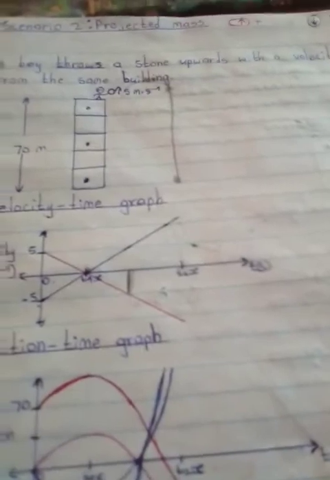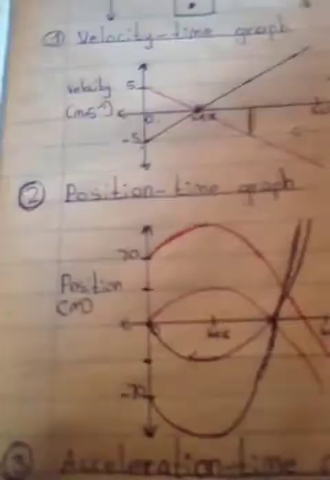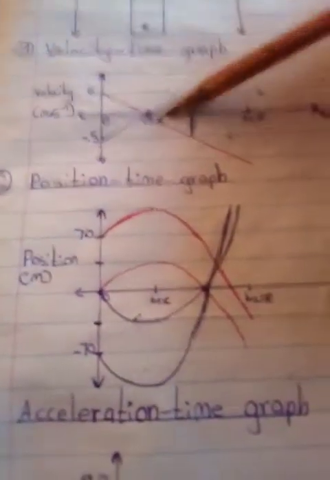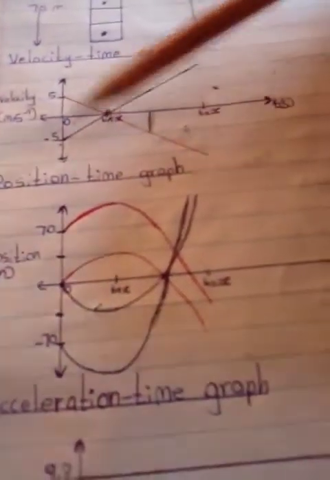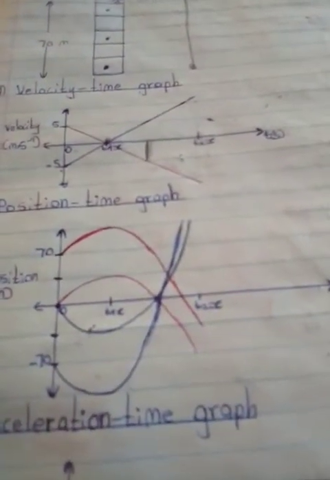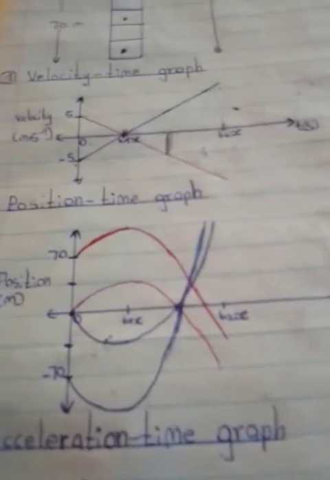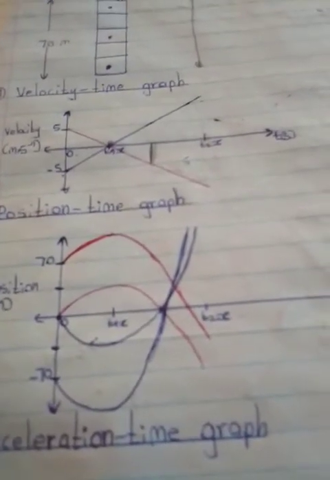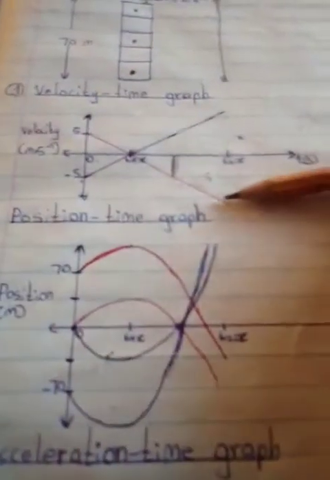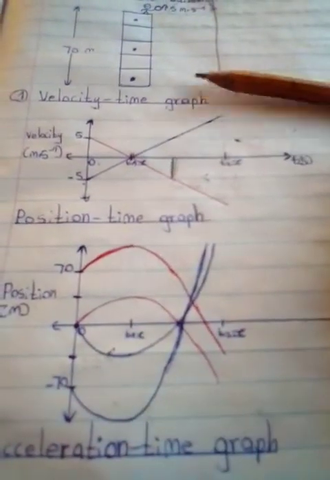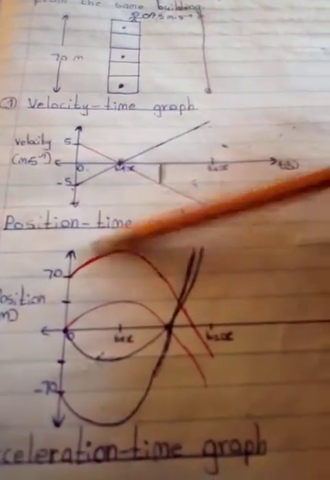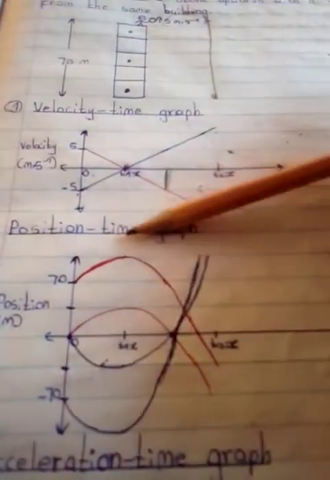Let's move on to the position time graph of this thing here. With the position time graph, if they say sketch a position time graph, just choose upwards, or let me say if your projectile is going upwards, just choose downwards as positive, so that when sketching this, it will be easier for you.